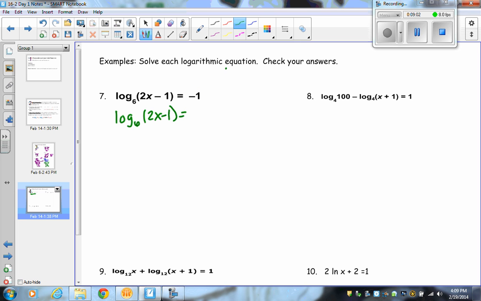If you remember, you have the property that says the log base b of b to the x is just equal to x. So if this is equal to negative 1, think about that as this x over here, which means up here is going to be negative 1. These two bases have to be the same, and that number is already told by the other side. So this is going to be the log base 6 of 6 to the negative 1.